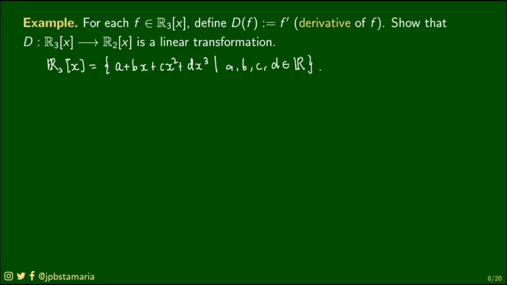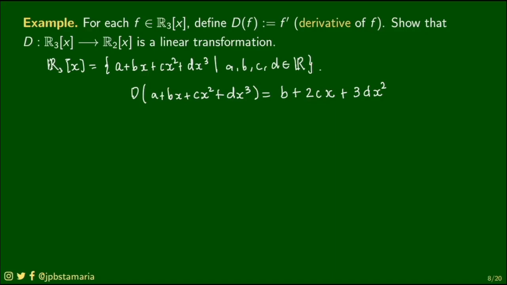So, in our case, the derivative of a plus bx plus cx squared plus dx cubed is exactly b plus 2cx plus 3dx squared. As you can see, the result of applying D on a polynomial in R3[x] is now a polynomial in R2[x].